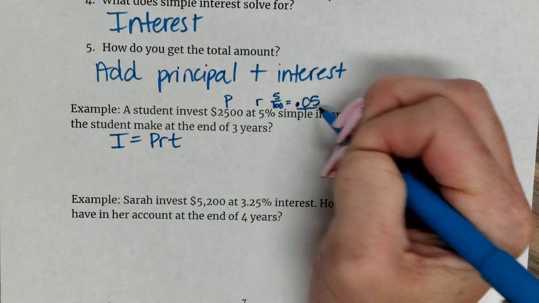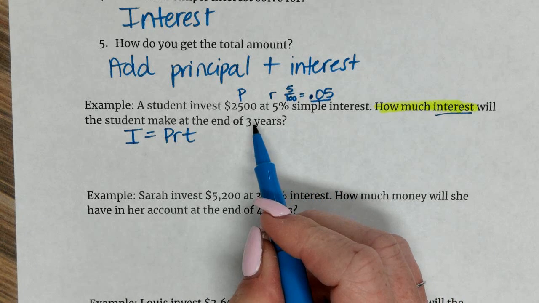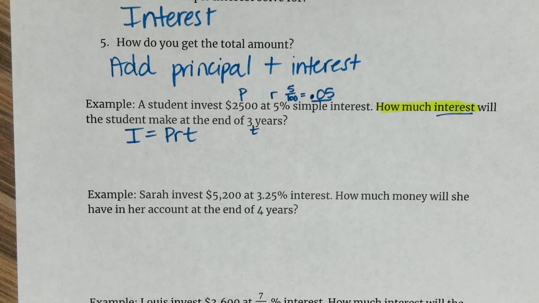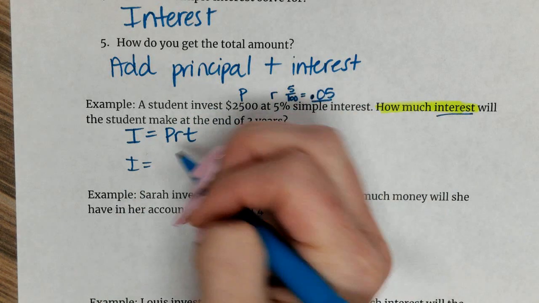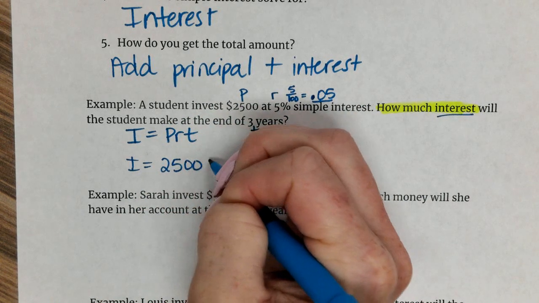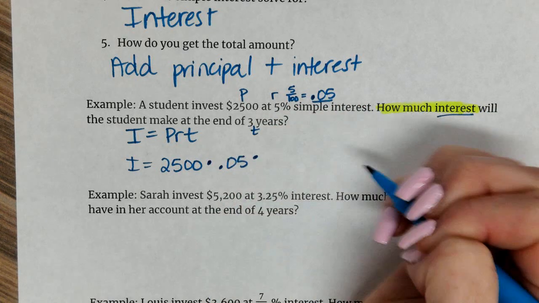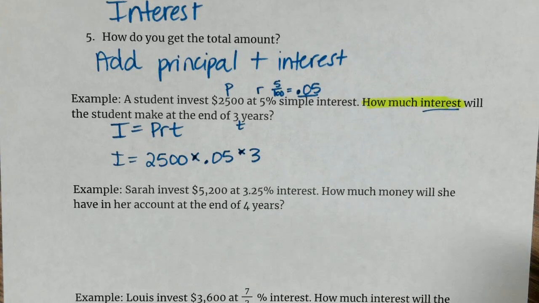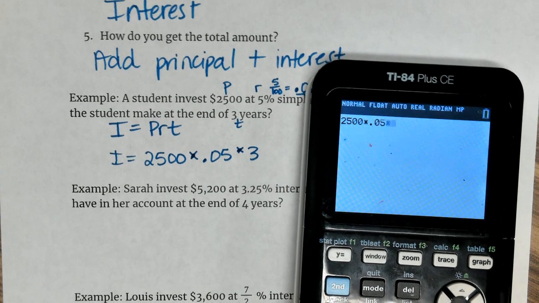So that's my R. And how much time am I doing it in years? That's my T. Now I plug these in to the formula. To solve for the interest, I'm simply going to do 2,500 times 0.05 times 3. And those are my multiplication signs. Here we go. 2,500 times 0.05 times 3.